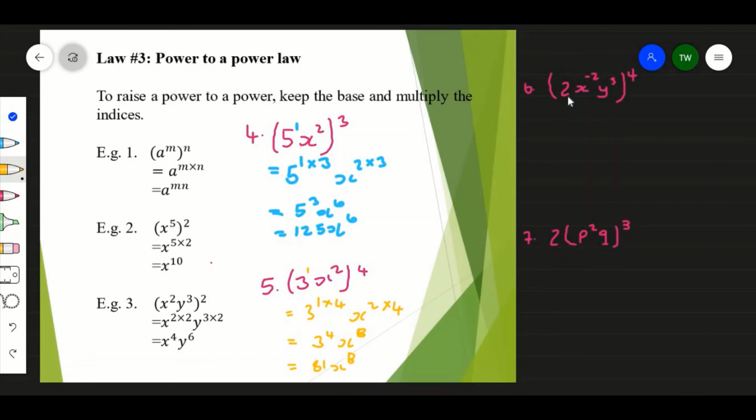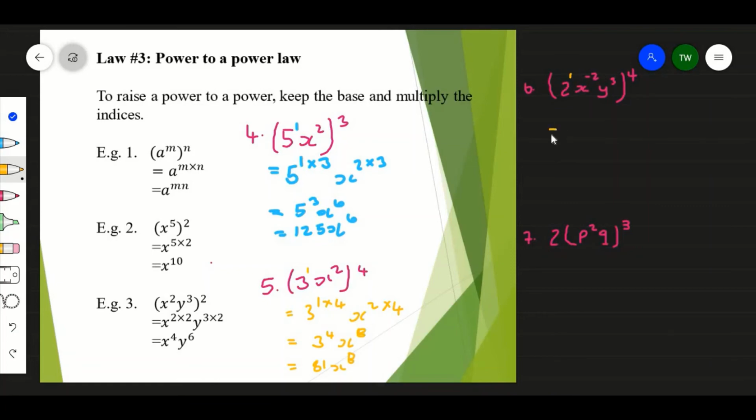Now to example number 6. Here we have 2x to the negative 2, y to the positive 3, all of that in brackets raised to the 4th power. So remember, 2 by itself is the same thing as 2 raised to the power of 1. So we're going to take the power outside of the bracket to multiply the powers inside of the bracket.